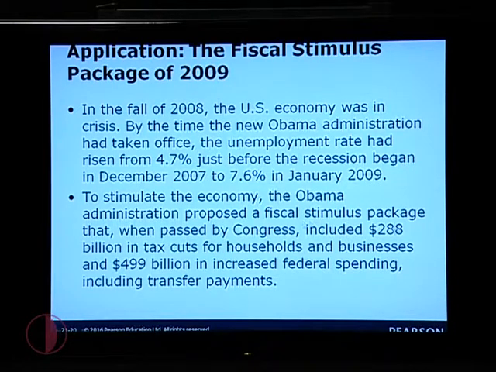To stimulate the economy, the Obama administration proposed a fiscal stimulus package, where Congress passed a resolution that included 288 billion in tax cuts for households and businesses and 499 billion US dollars in increased federal spending, including transfer payments.